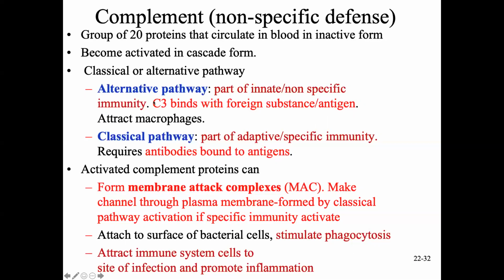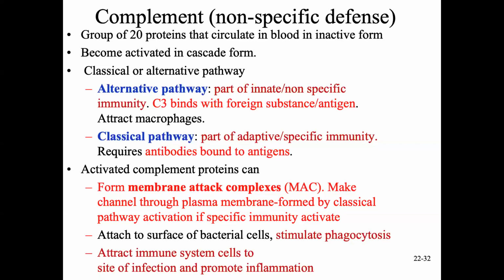Well, one of the ways we make sure the macrophage finds out that it's a foreign antigen and something harmful is that it puts a C3 protein on it. The C3 protein is like a flag you put onto the bacterium and it marks it and attracts macrophages towards that microbe, this bacterium.